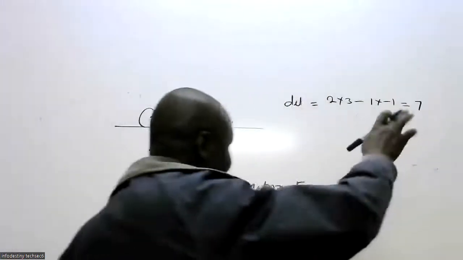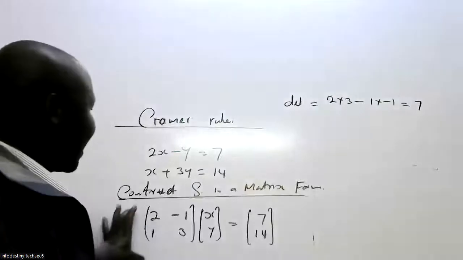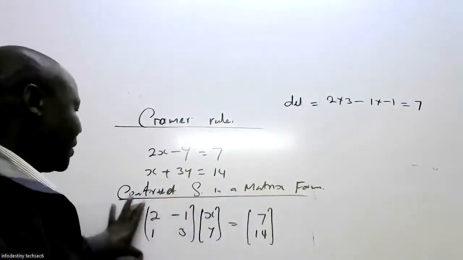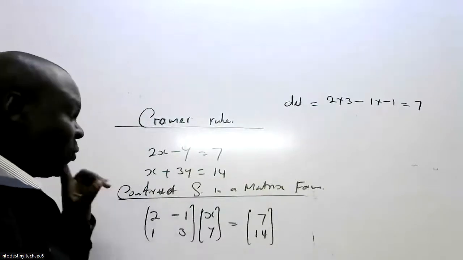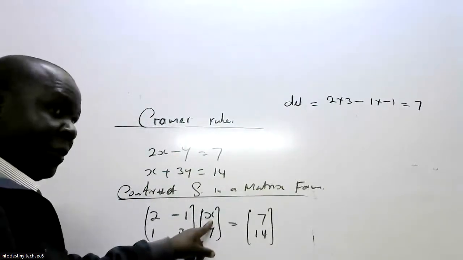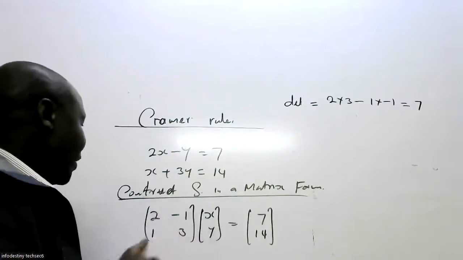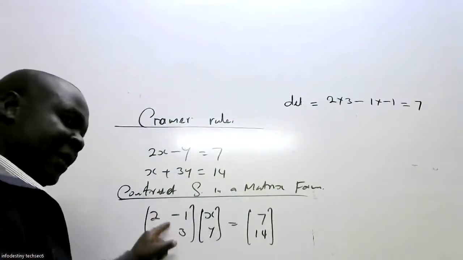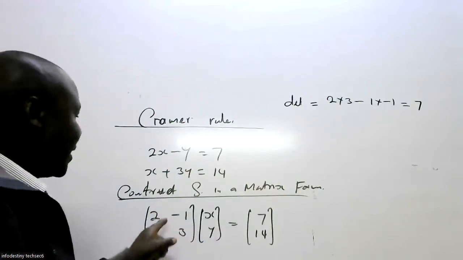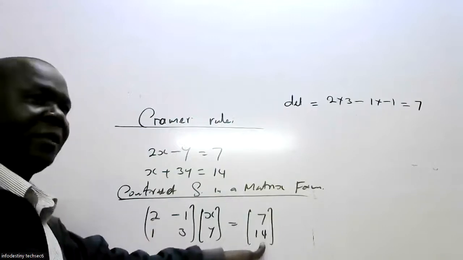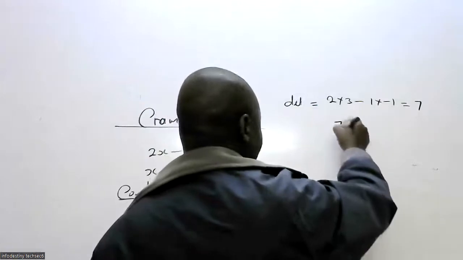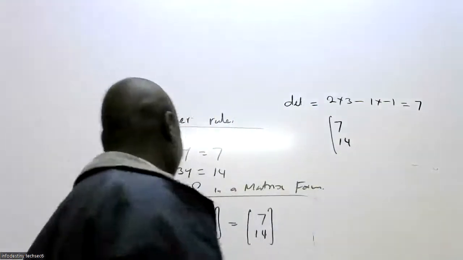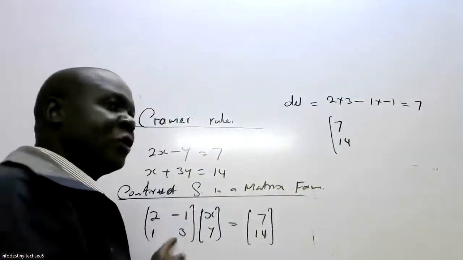So after getting 7, we come to this original matrix. We want to get x. When we want to get x, we omit this column and replace it with this, so we say 7, 14. Then the y column will remain constant.